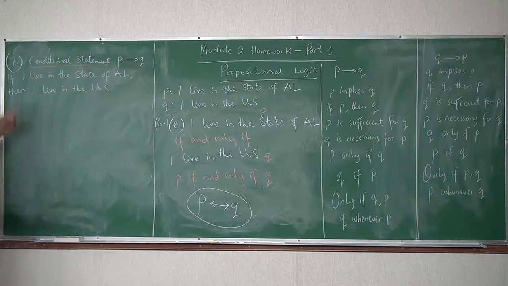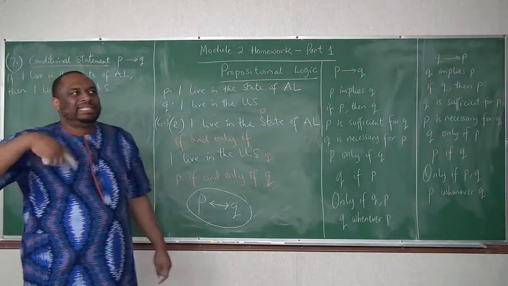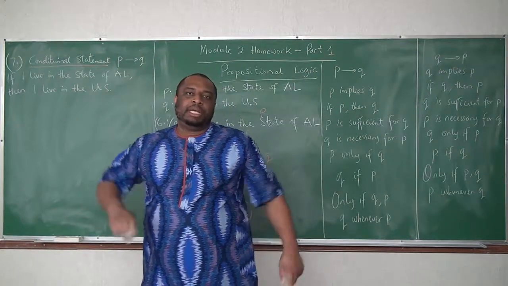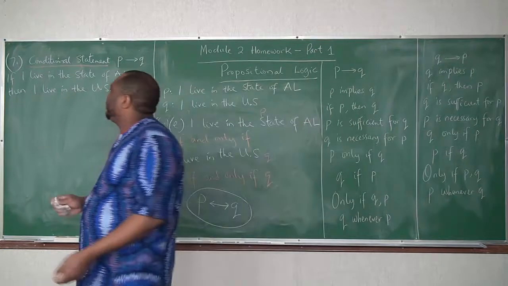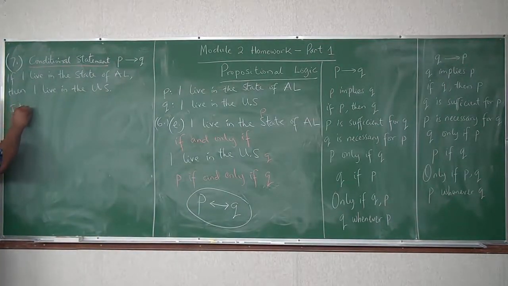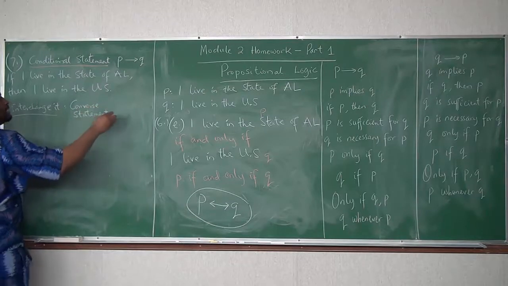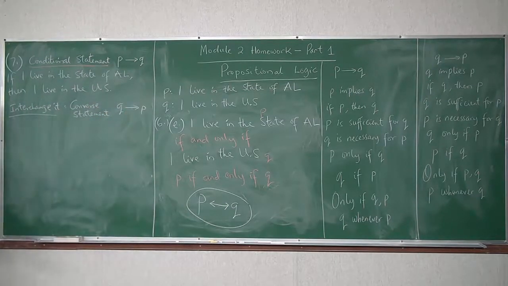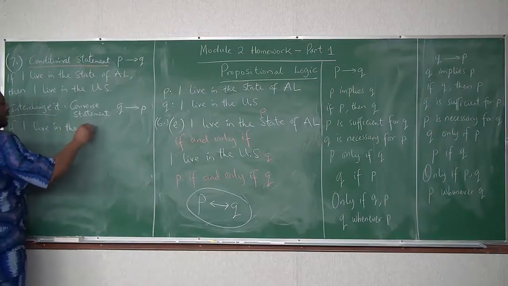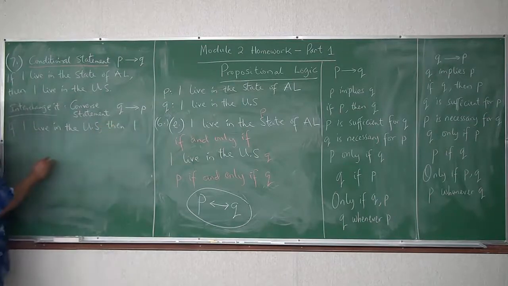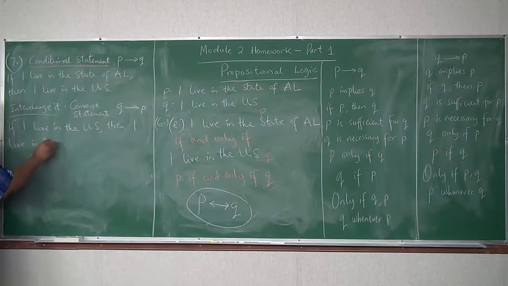If you interchange this conditional statement, you get the converse statement, and that is Q conditional P. So if I write the statement, it will be, if I live in the US, if I live in the United States, then I live in the state of Alabama.